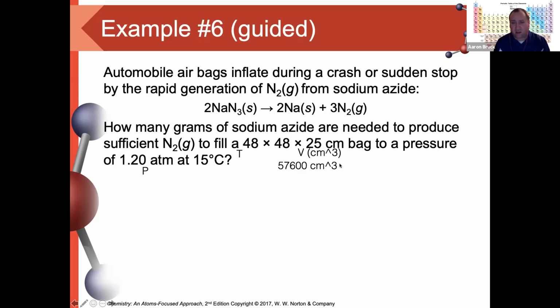The easier thing to do, I would think, is if you recognize that milliliters and cubic centimeters are the same thing, then what that really means is that this is 57,600 milliliters, which would be 57.6 liters.